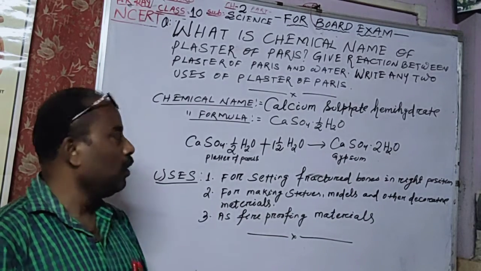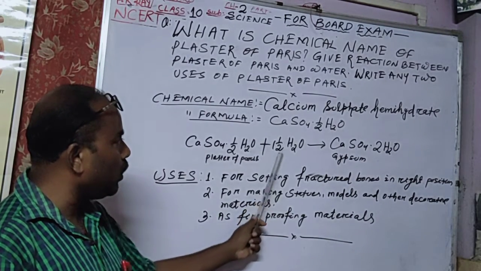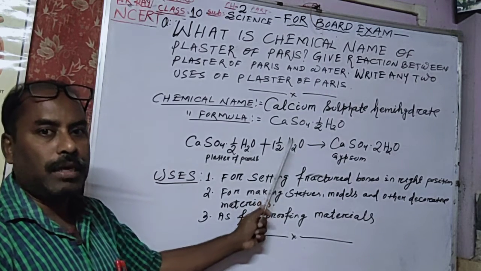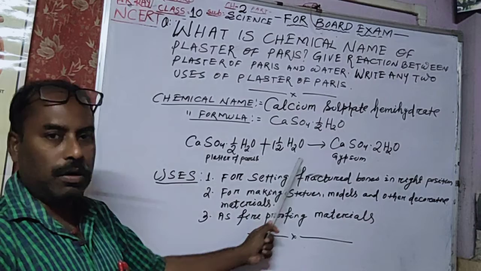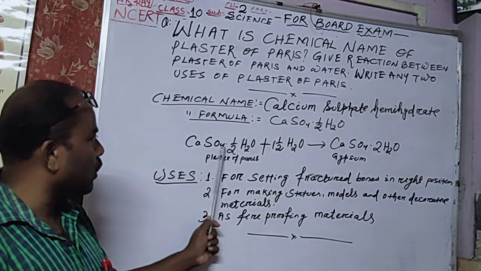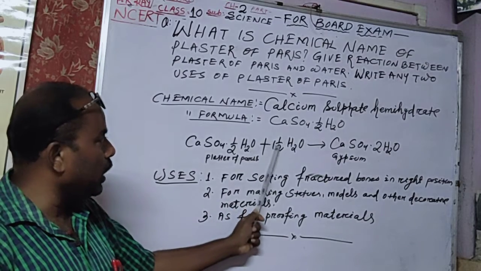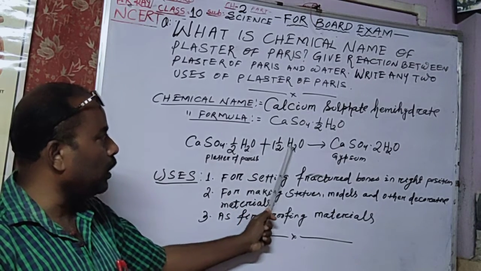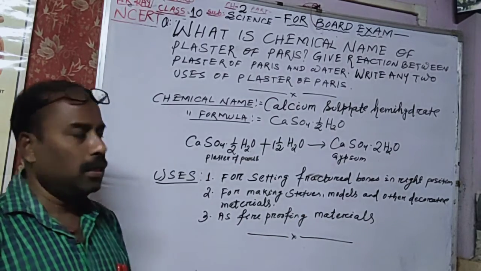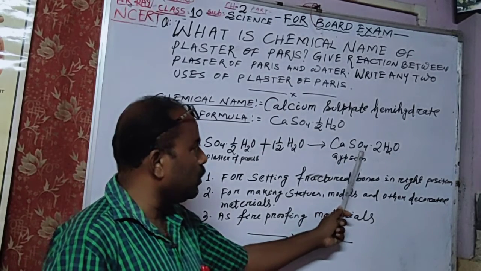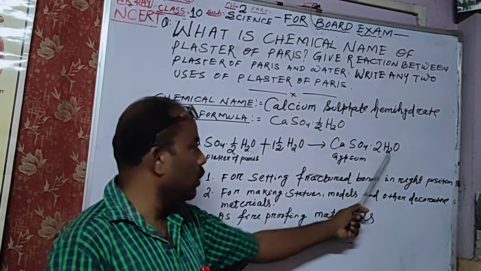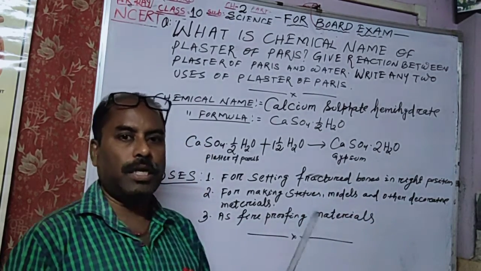To get gypsum, we have to add 1 and 1 by 2, that is 3 by 2, 1.5 molecules of water. So when plaster of Paris, calcium sulfate hemihydrate, reacts with 1.5 molecules of water, it changes into a solid mass. That solid mass is known as calcium sulfate dihydrate, CaSO4 dot 2H2O. That is called gypsum, which is a solid mass.